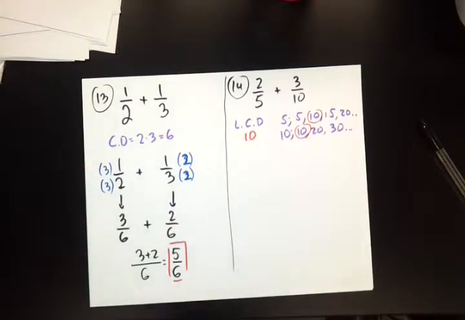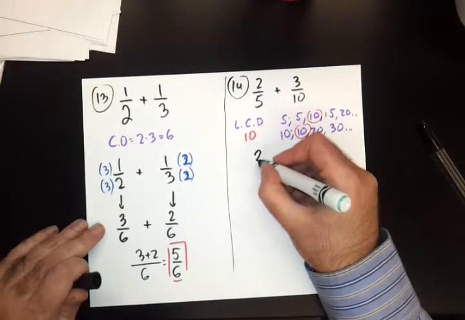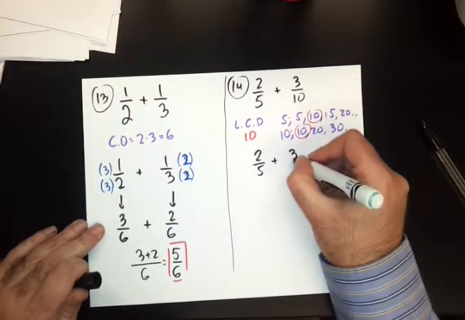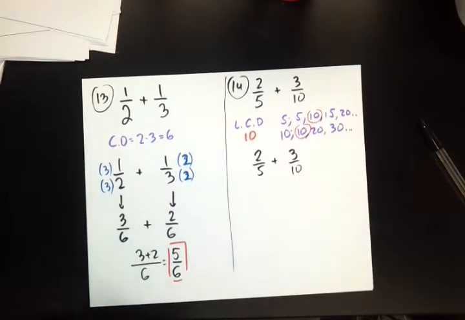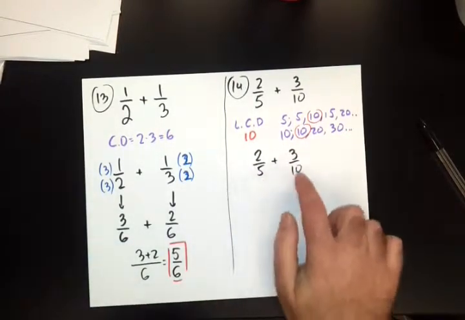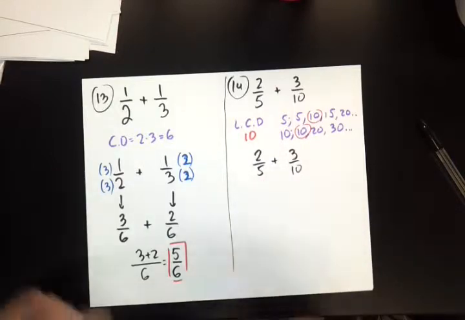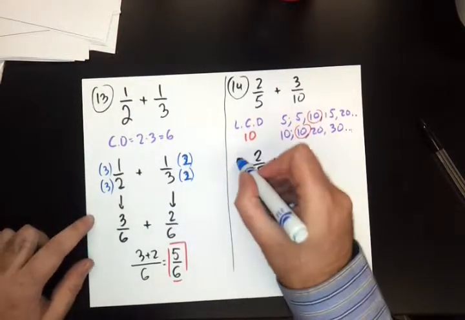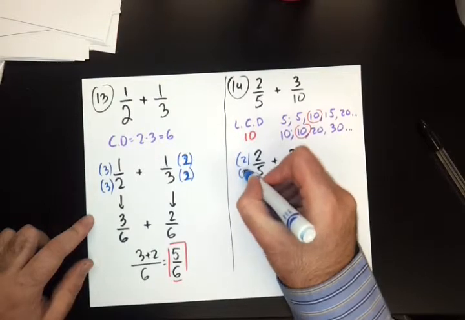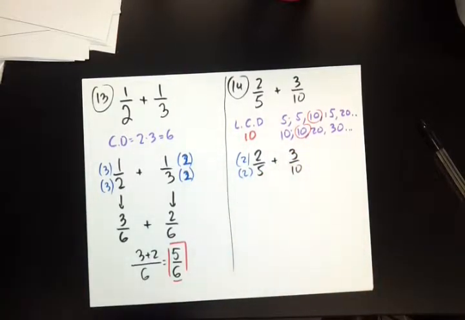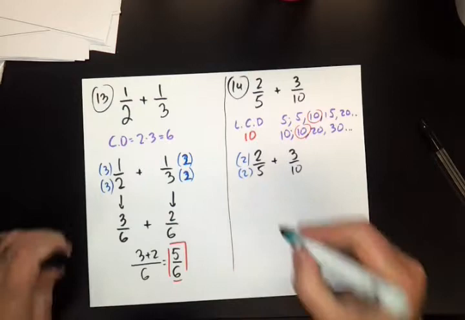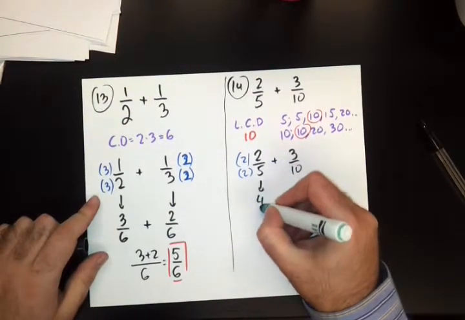Now I'm going to rewrite the two fractions here again. Now I'm going to be converting both of the denominators into 10. This one's already done. I have to do nothing to it. This one I have to multiply by 2, top and bottom. Once that's done, this is now 4 over 10.